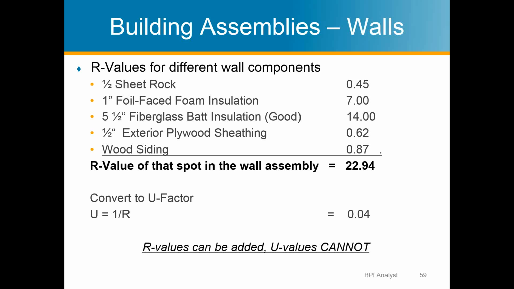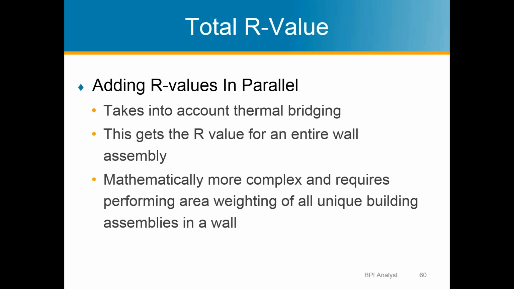There is a way to figure out an average R value for an entire wall assembly. We won't cover it here. That's in all our software, EnergyPro and such. They have framing factors, and they will figure out the average R value of the entire wall, so we don't need to do that math anymore.